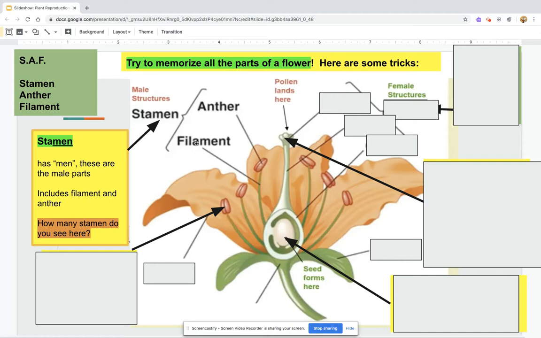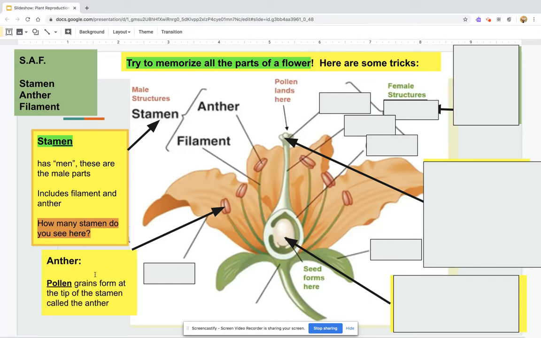It includes the filament and the anther, and there are 6 of the stamens here in this flower. And what's the anther? Anther is where the pollen grains form. It's where they're produced, and it's at the tip of the stamen on top of the filament. That's called the anther. That's where the pollen's from, okay? So that's the male structure.